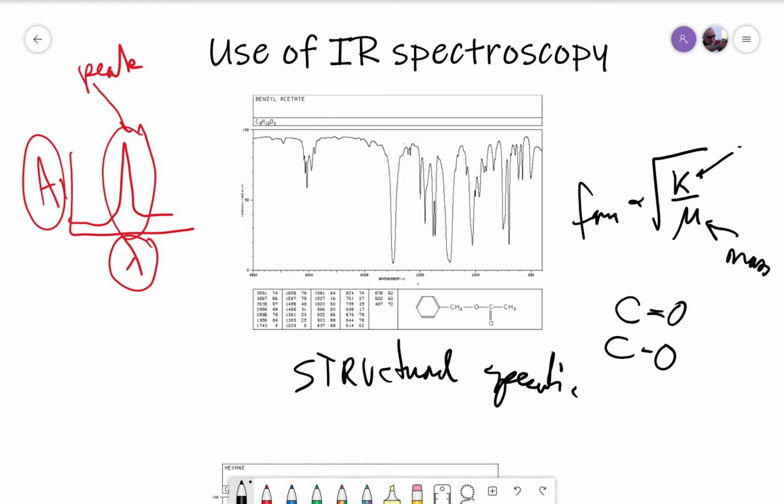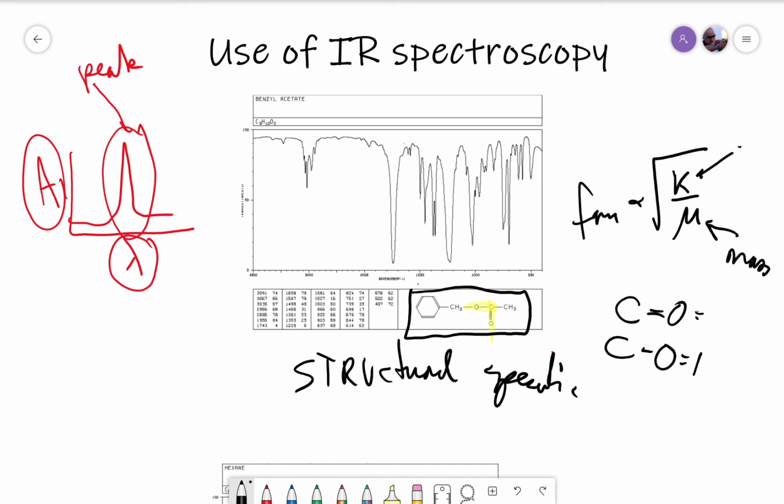For example, this molecule has both a C single bond O and a C double bond O. And those two different bonds, having different masses, show up at different frequencies.